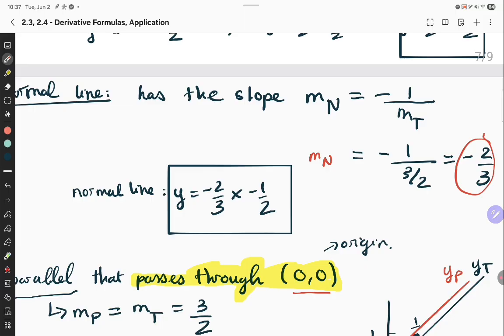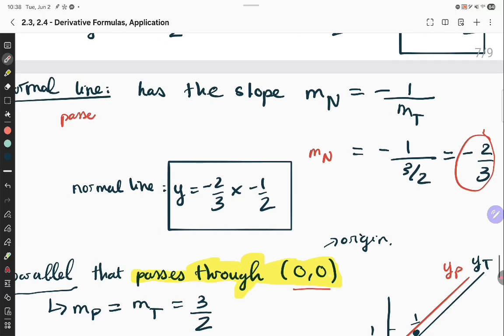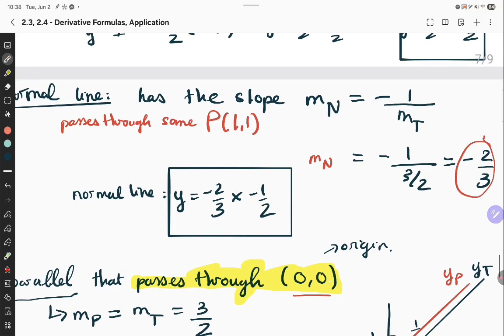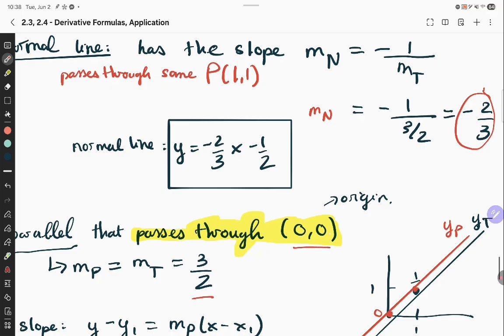Second, it also passes through the same point. In other words, that point may be right here, 1, 1. Okay, so the normal line will be like this.